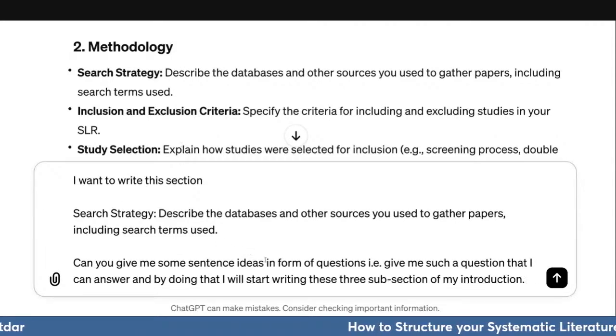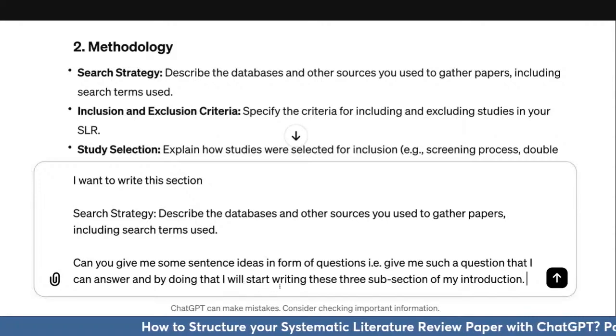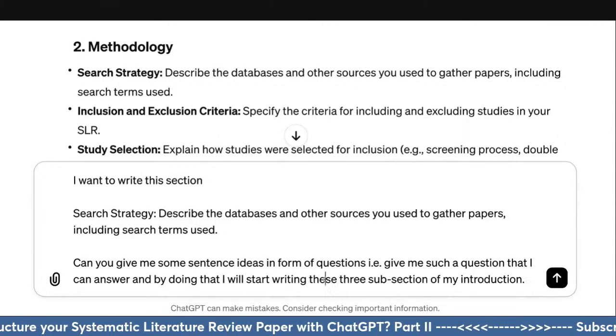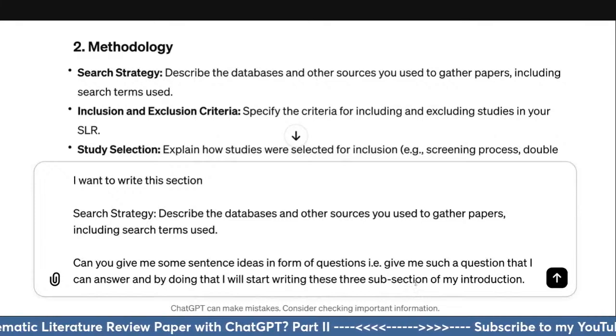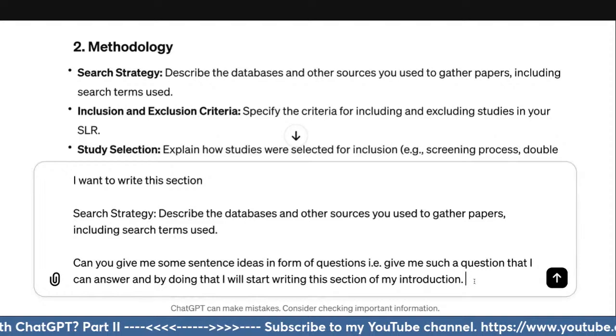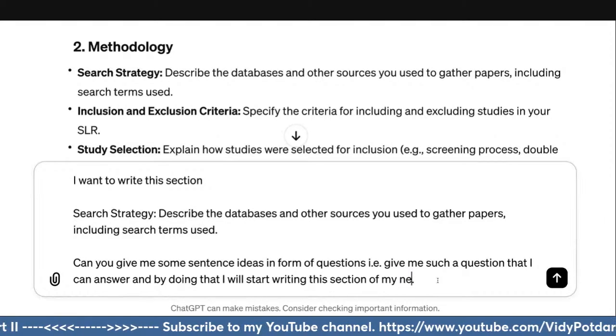Can you give me some sentence ideas in the form of questions that I could answer when I start writing? You can just change it to this section of my methodology.